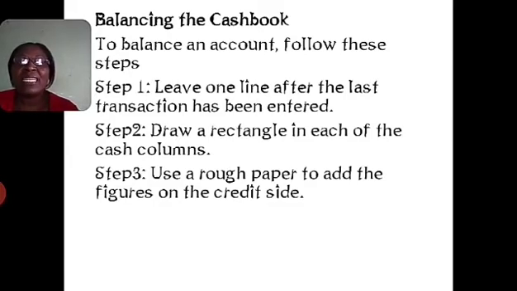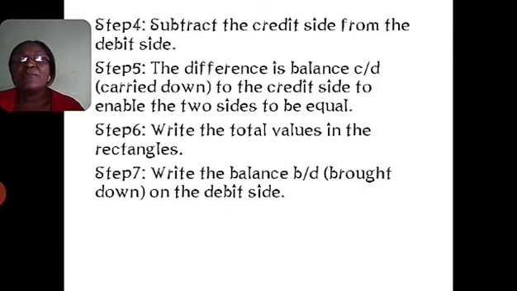Then to balance an account, you must also follow these steps. Step 1, leave one line after the last transaction has been entered. Then step 2, you draw a rectangle in each of the cash columns. Then step 3, use a rough paper to add the figures on the credit side. Then step 4, subtract the credit side from the debit side.